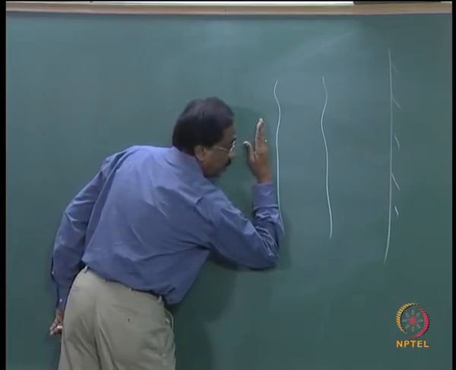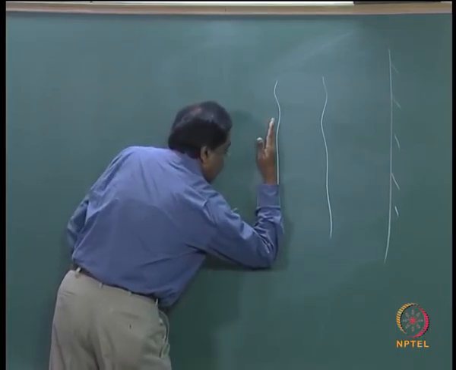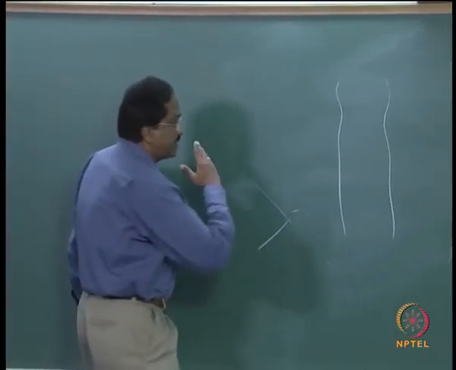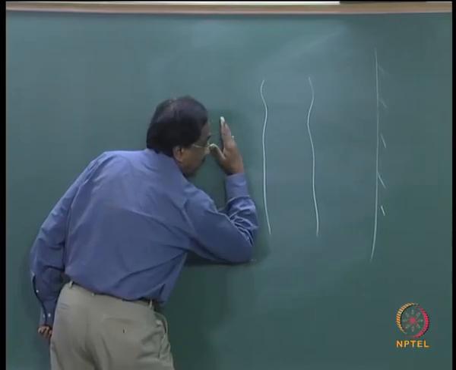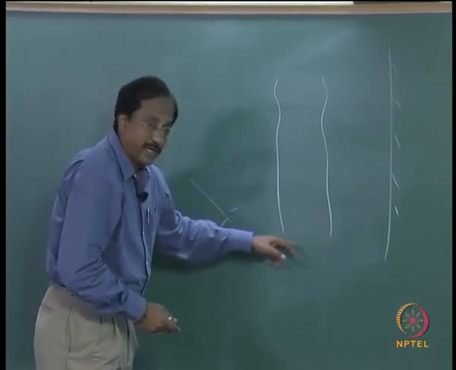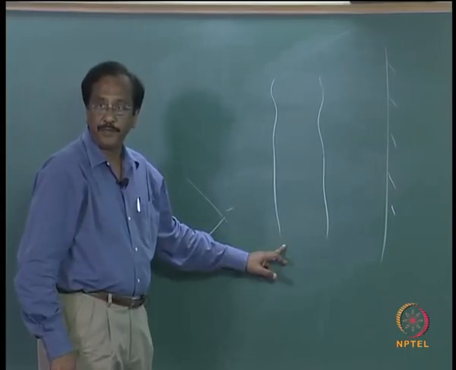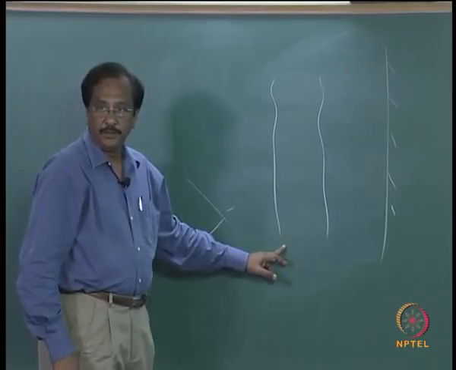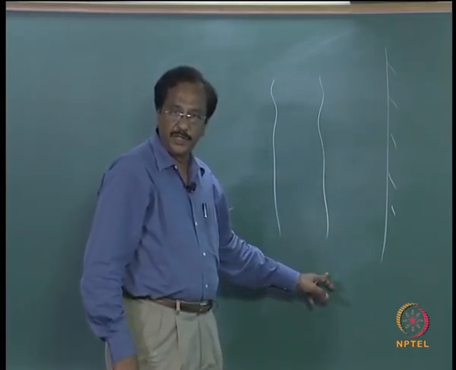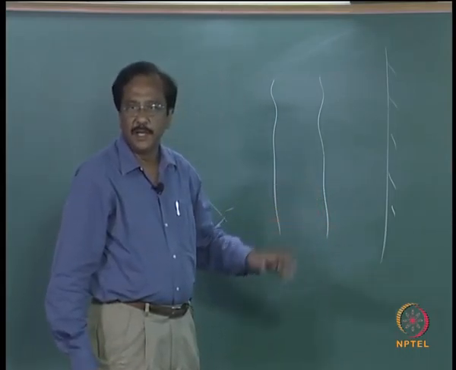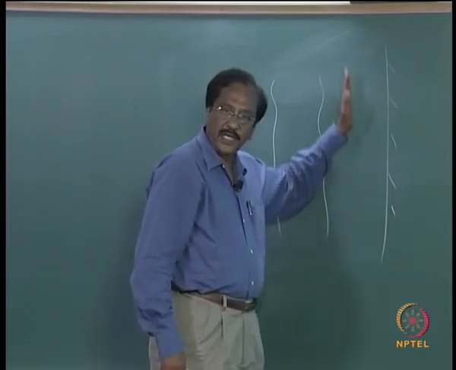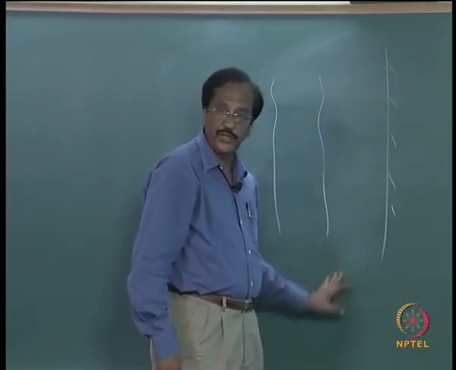Look at this portion of the hand. It is trying to align itself parallel to the bottom depth contours. These are all the seabed contours. Remember that the seabed contours are more or less parallel to the shoreline when you are close to the shore.